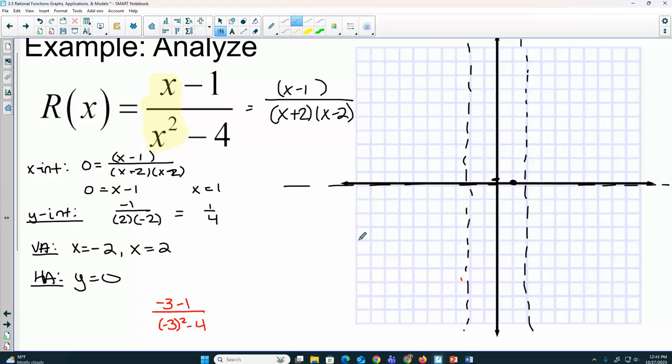I don't really even care what I get out. I just care, is it going to be above or below my horizontal asymptote? Make sure if you're putting these in, you do parentheses for the numerator and denominator if you plug everything in at once. Or you can work it out. So you would get negative 4/5 or negative 0.8.